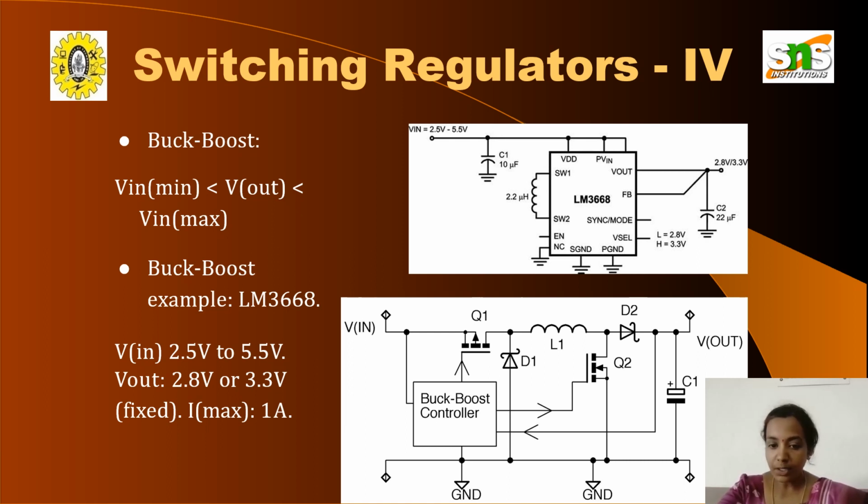Diodes D1 and D2 are connected in parallel with the inductor L1. The buck boost controller boosts the input voltage and reduces noise, environmental disturbances and distortions, and we get the output.